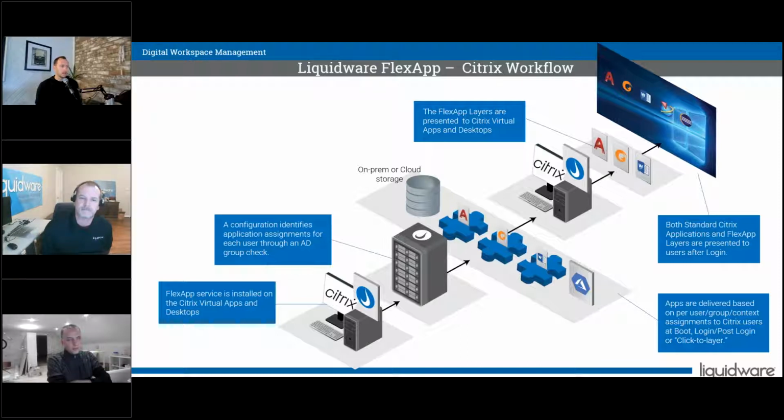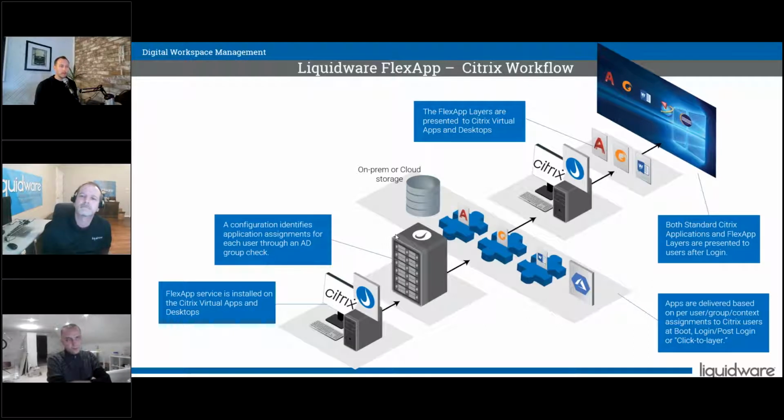Next, we would assign a configuration coming from the Liquidware console or Profile Unity console, and that can be done through AD users, groups, or even advanced filtering, IP address. Say I only want this to assign to an ICA client. So we definitely have some advanced filtering, and all that's done through the Profile Unity console, unless you're using FlexApp One, which can then be distributed through other means.